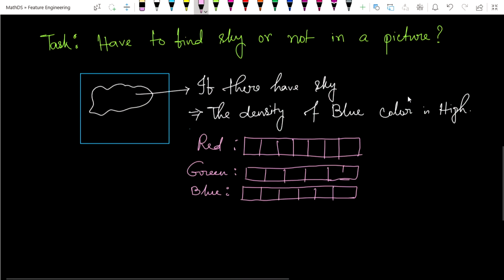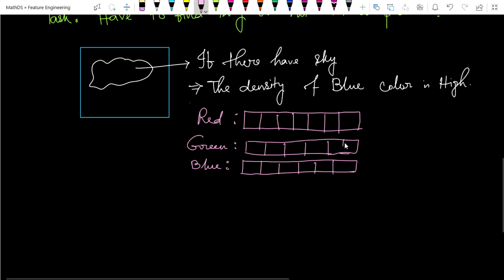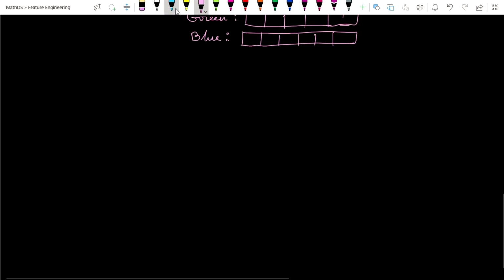So if from these three feature vectors we find that most of the area has the maximum density values of the blue color, then we can conclude that there is sky. So first, we have to convert this into a vector. This vector will be like this.